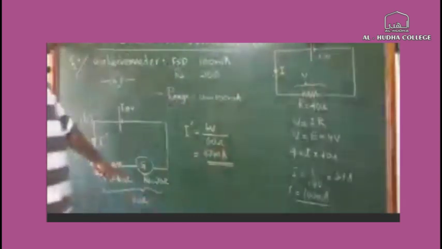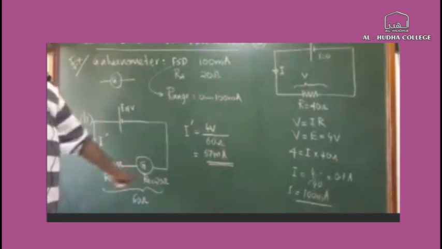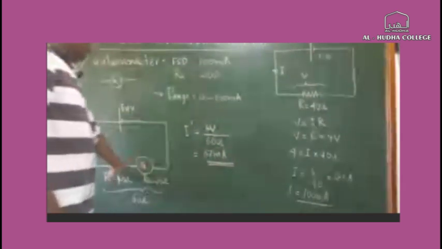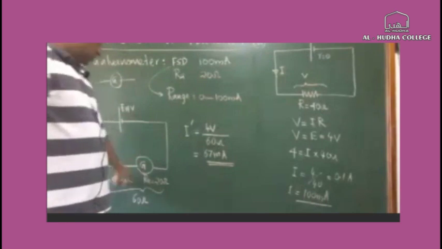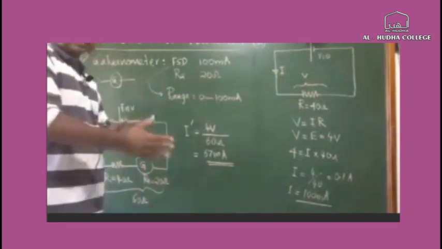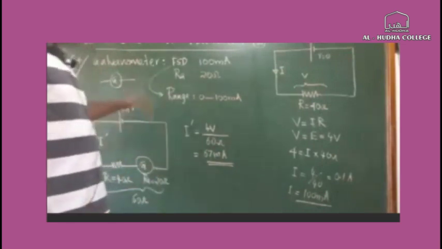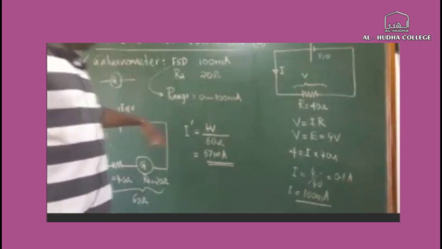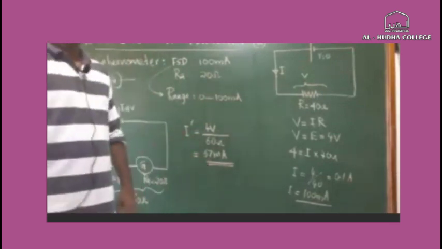That is the expectation. But when you connect the galvanometer in series with the resistor, the total resistance in the circuit is now modified to 60 ohm, right? So the resistance is increasing. When the resistance is increasing, the current will drop. So the new current is 67 milliamps.